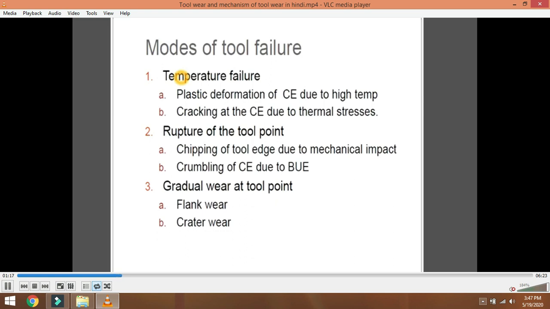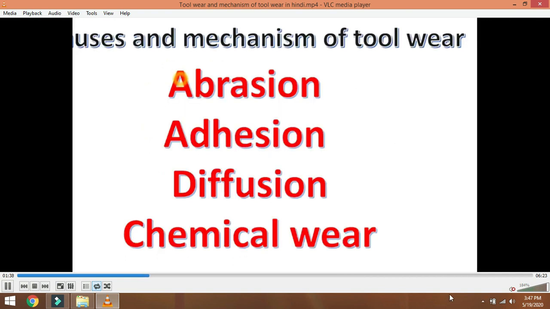Temperature failure means plastic deformation of the cutting edge due to high temperature, and cracking at the cutting edge due to internal stresses. Rupture of the tool point means chipping of the cutting edge due to mechanical impact, and crumbling of the cutting edge due to BUE.